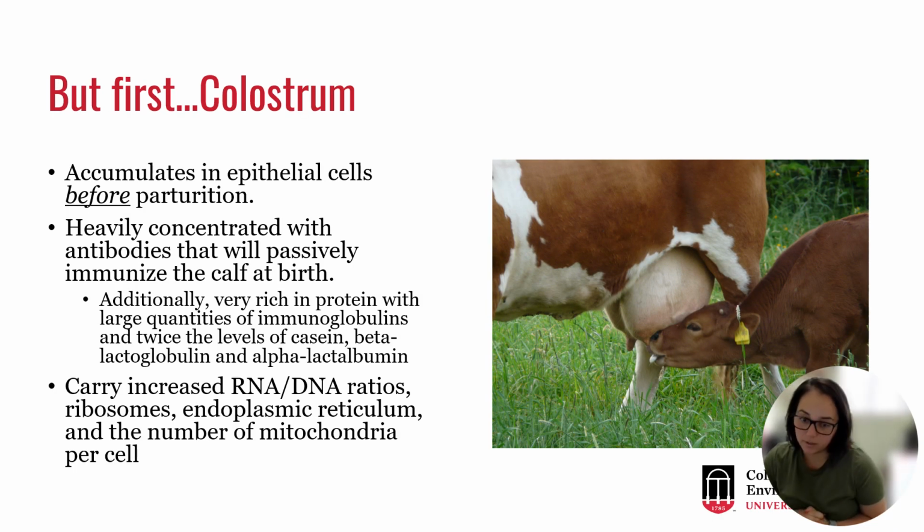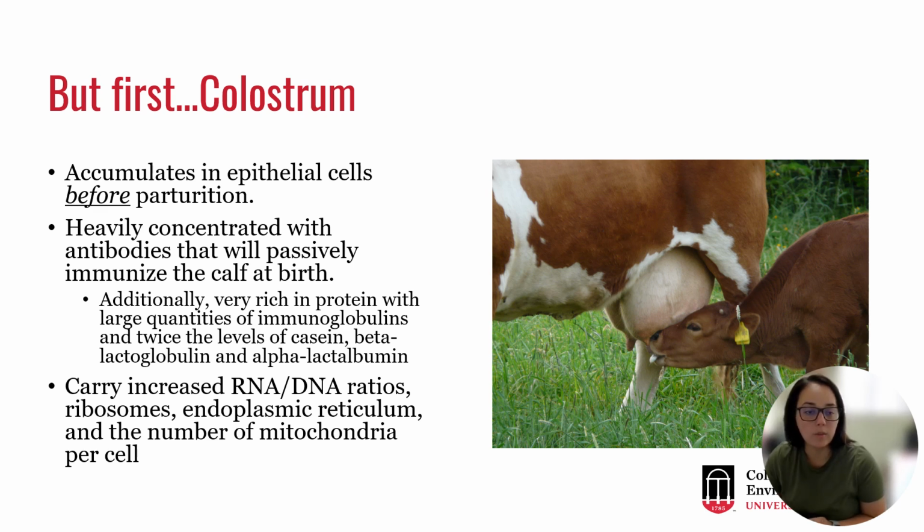But before I do that, I want to touch on colostrum. Colostrum, as we all know, is very important within the first 24 hours of a calf being born. It accumulates in the epithelial cells before parturition happens.